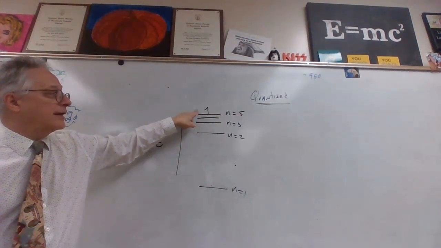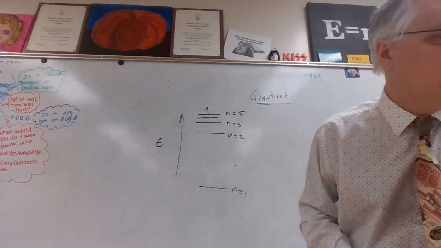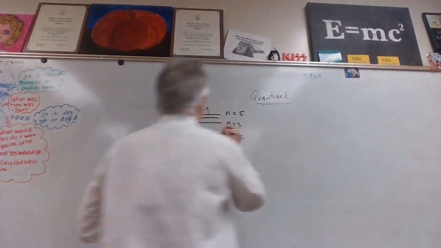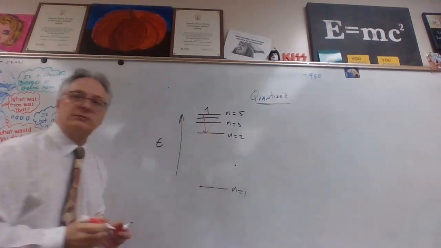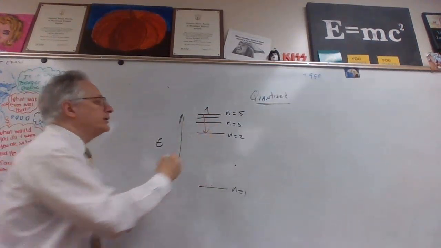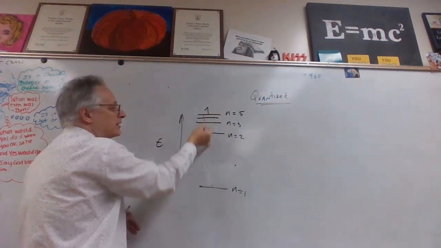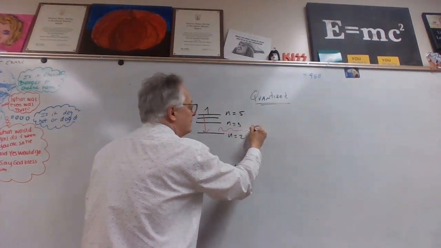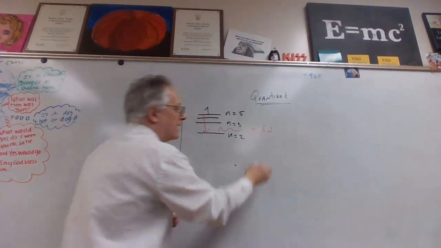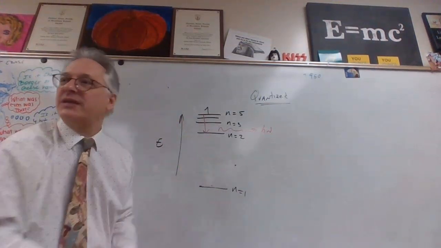Now, if an electron drops down to a lower energy level, let's say it drops down to the n equal 2 level, it's going to emit a photon. This is not to indicate that this is going to be a red photon, I just don't have any other pens here. And we symbolize a photon, oftentimes, as h nu. That means the energy of a photon.